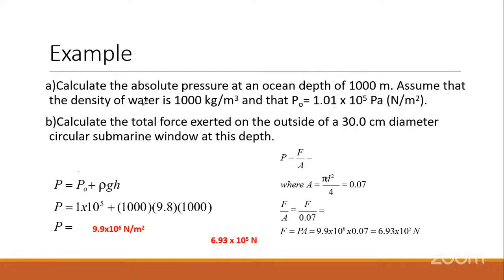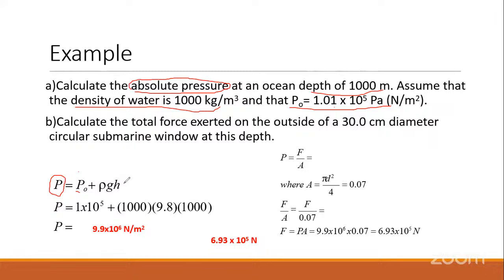So coming back to A, we are given the density of water, we are given atmospheric pressure, and then we are given the depth of the ocean. We are asked to find absolute pressure. Absolute pressure is equal to atmospheric pressure plus gauge pressure.